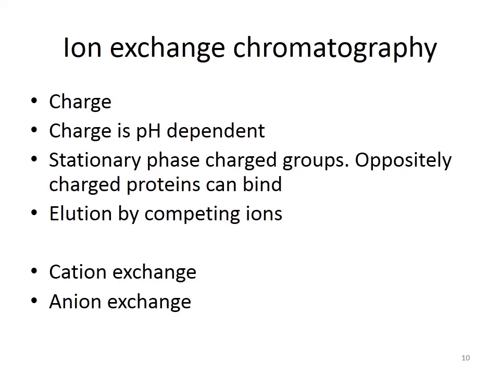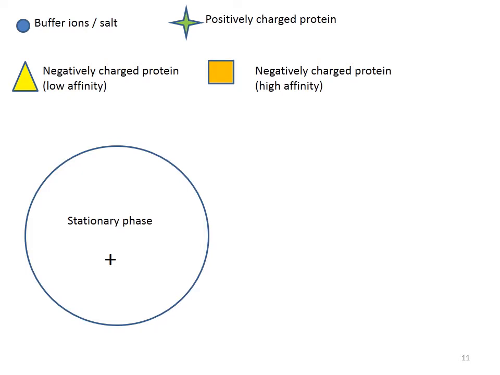This is an illustration which shows the process of ion exchange chromatography. This blue circle here represents the stationary phase, and this stationary phase is positively charged. So, during the equilibration step, we allow the buffer to pass through the stationary phase.